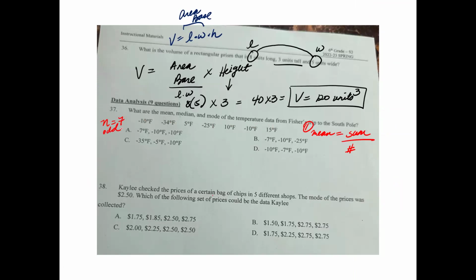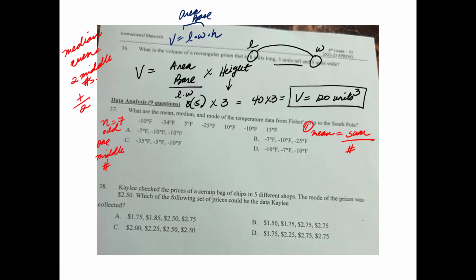When you're looking for the median, if the count is even, you have two middle numbers, and you add them together and divide by 2. This one's odd, so you would definitely have one middle number.